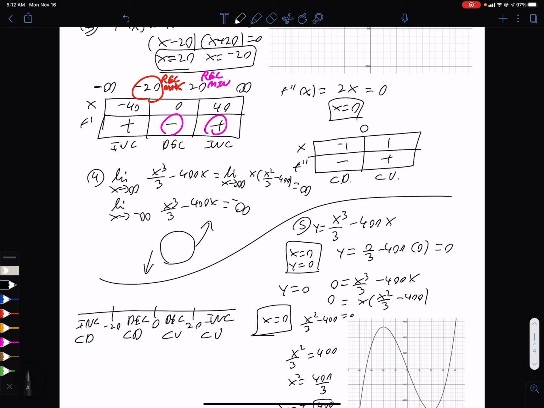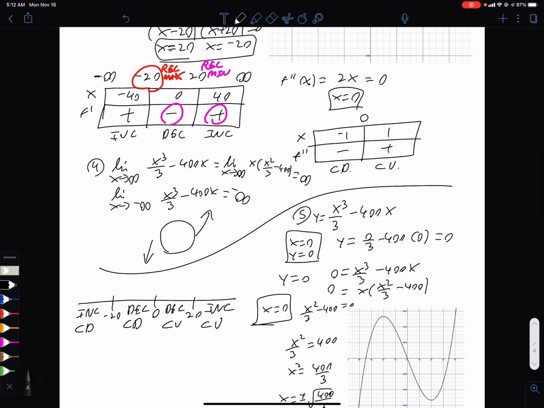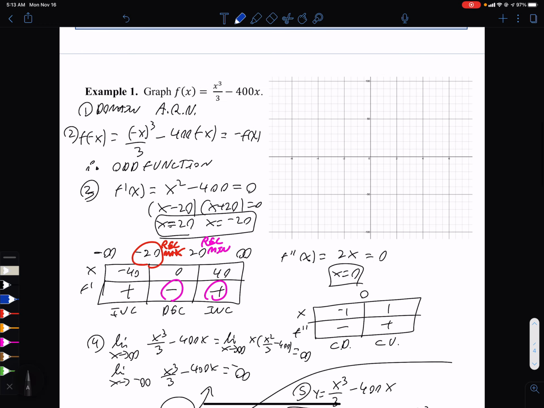Whew, we have a lot of stuff going on here. Okay, I need more stuff. I have a relative max at negative 20. So if I plug negative 20 into my function, I get about, and this is huge, 5,333 and 1/3. If I plug in 20 into my function, I get negative 5,333 and 1/3. So I'm going to plot those points. Negative 20, 5,333.